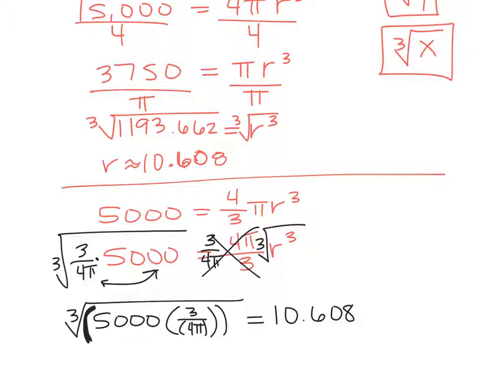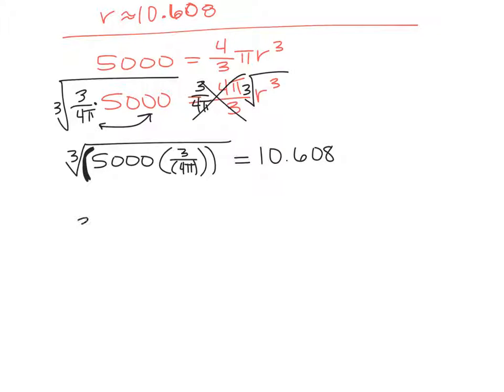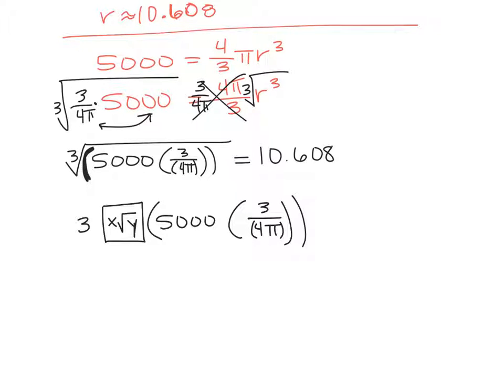How are we doing? Yeah. How do you get the cube thing? Oh, yes, sorry. Those of you that don't have the 3 in front, you need to put 3. So you're going to plug it in like this. 3, then hit this button, then a parenthesis, then 5,000, then 3 divided by, then 4 pi, and that should get it for you.